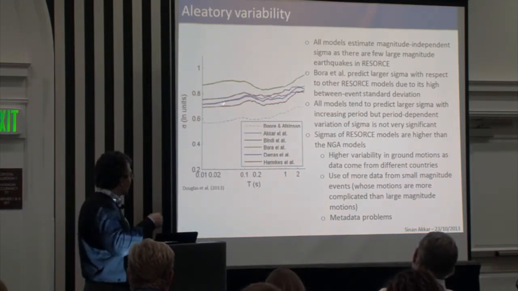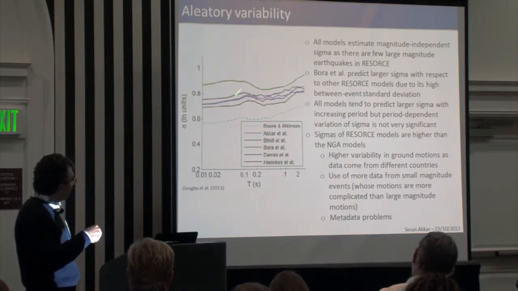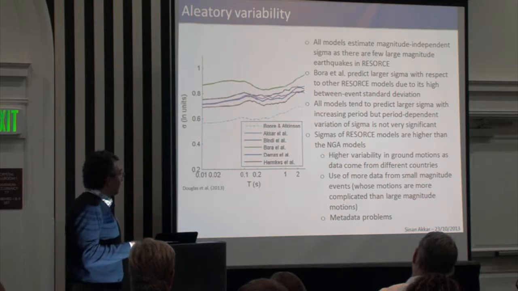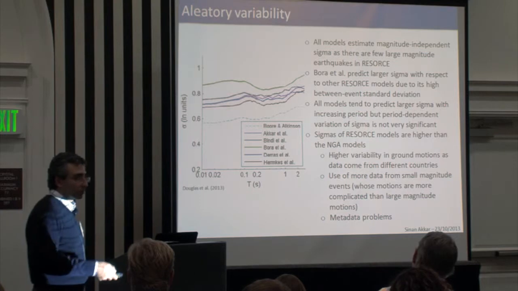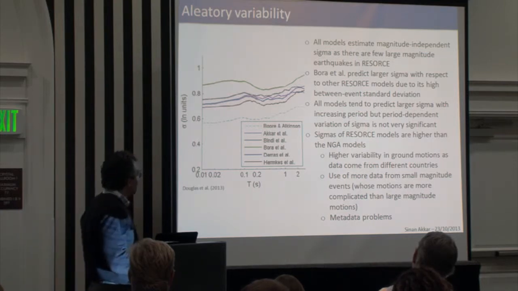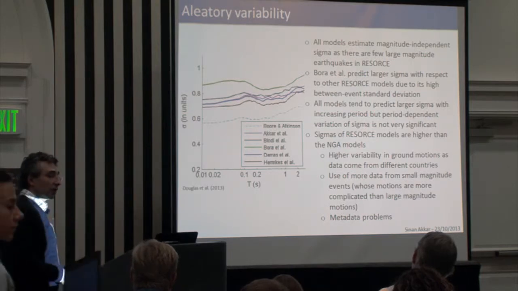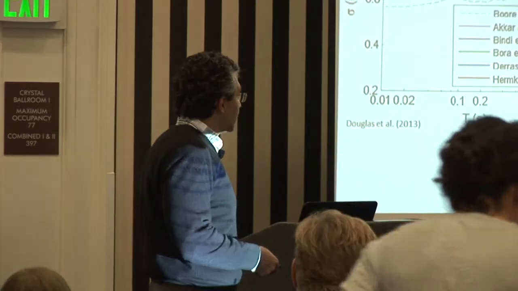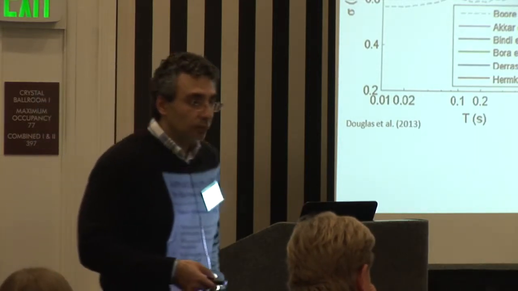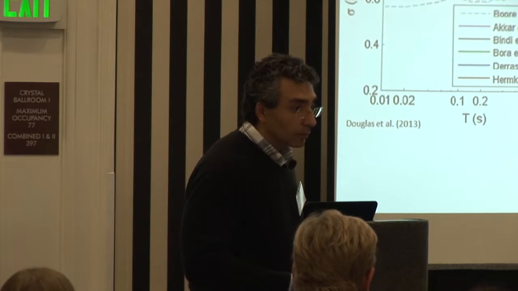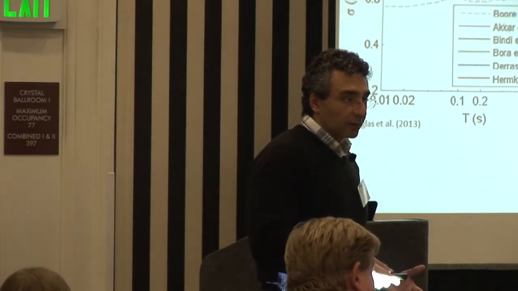Possible explanations for this significant difference could be the difference between NGA models and resource or European models. High variability in ground motion, as data comes from different countries, so there is not quite a standard in that sense, although we try to compile them and process them in a uniform way. You're not saying that it's inherent differences, this is in the data collection and processing? No, it's the regional differences.